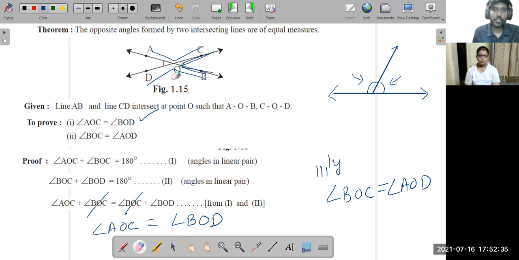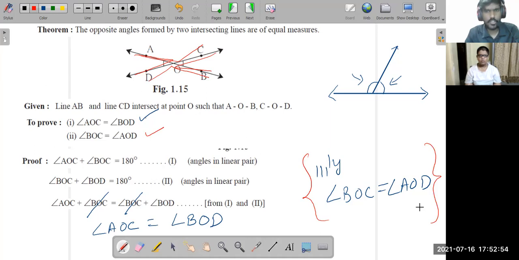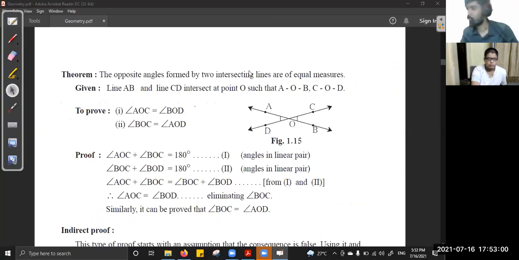When you want to prove the second part, you will have to take this linear pair like this and this linear pair like this to prove the second one. But that we can do directly like this. We can say similarly. Have you understood this? Okay. Yes, sir.